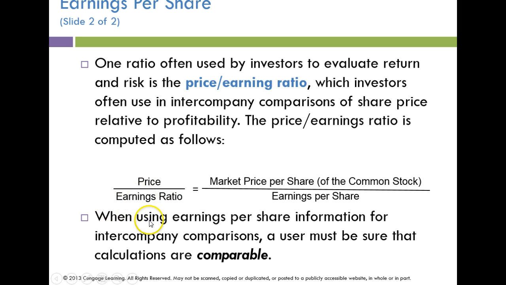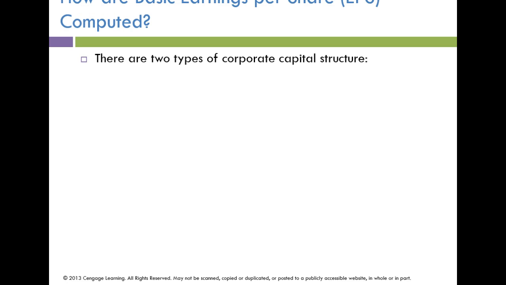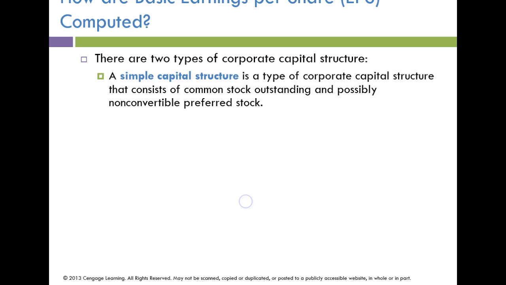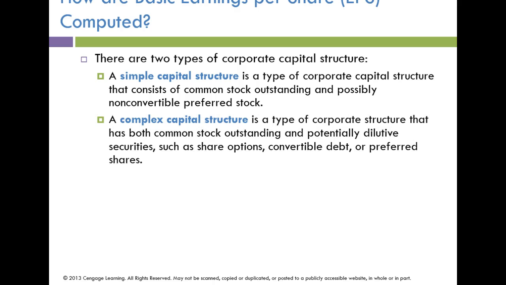When using earnings per share information for intercompany comparisons, a user must be sure that calculations are comparable. That is something that is important in accounting, so we can compare within the industry and between industries, right? Or between years, actually. There are two types of corporate capital structures: simple structures and complex structures.